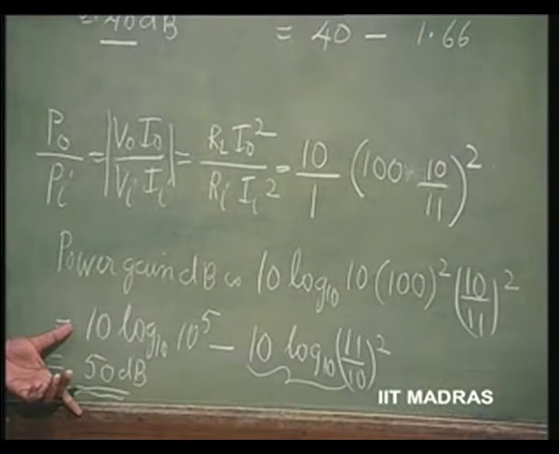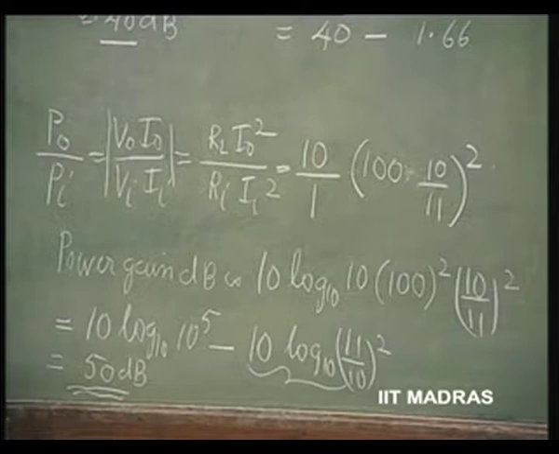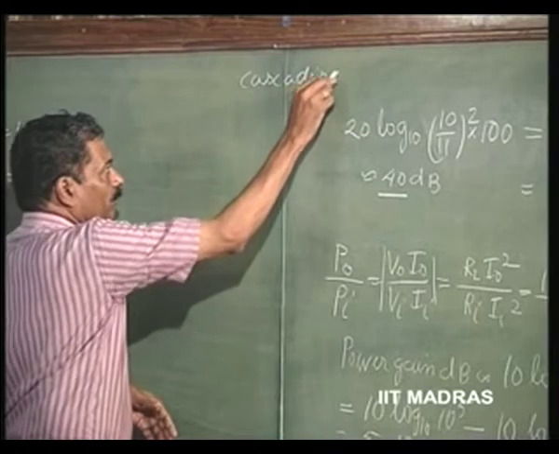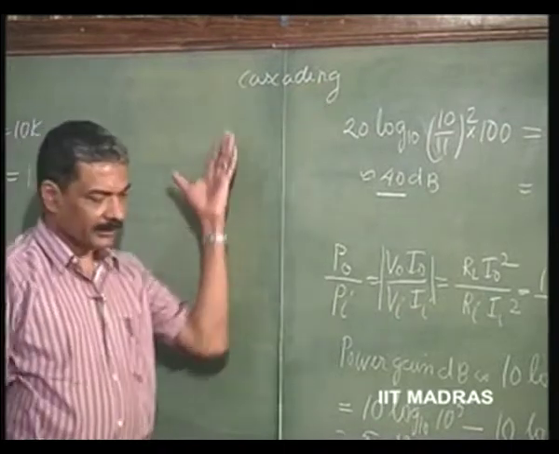If it is 100 decibels in terms of amplification that is required for power, then you know that two such stages must be cascaded. If it is 150, three such stages must be cascaded. We will discuss this later, how to do cascading to improve the power gain of stages.